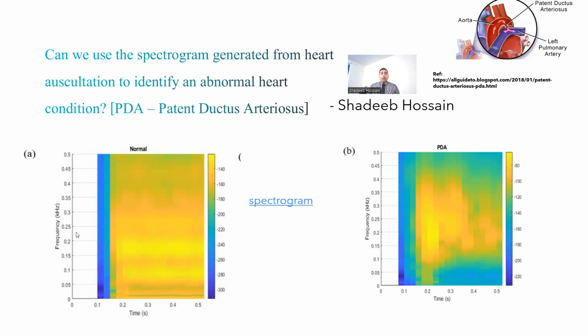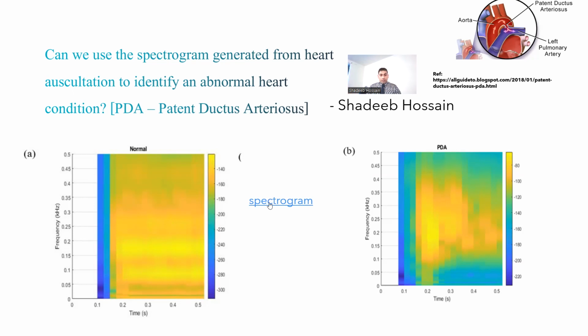You would see on the left hand side is the spectrogram generated for a normal patient from the auscultation. Similarly, on the right, you would see the spectrogram that is generated from a patient with a PDA condition.